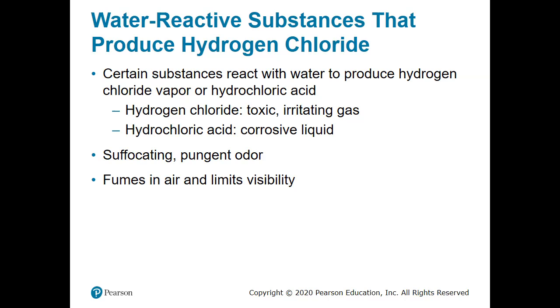Hydrochloric acid is a corrosive liquid. It is not terribly toxic in its aqueous form, but it does burn the snot out of you. Hydrogen chloride has a very pungent odor, a faint chlorine kind of smell to it, but mostly it's just a strong odor.